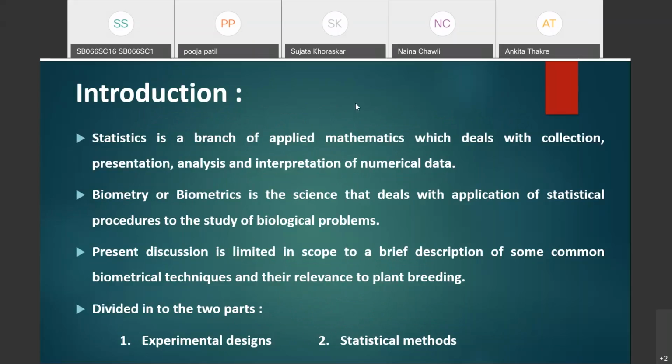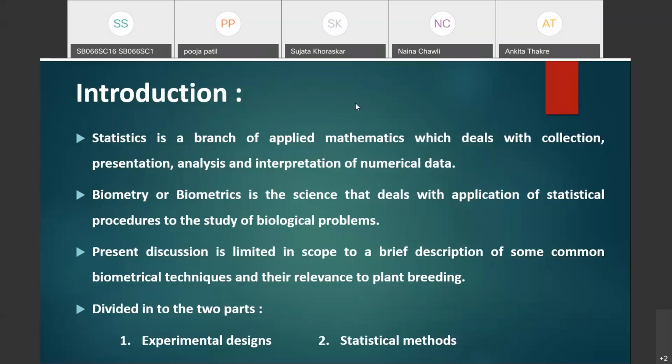Before discussing biometry, you should know about statistics. Statistics is the branch of applied mathematics which deals with the collection, presentation, analysis, and interpretation of the numerical data.